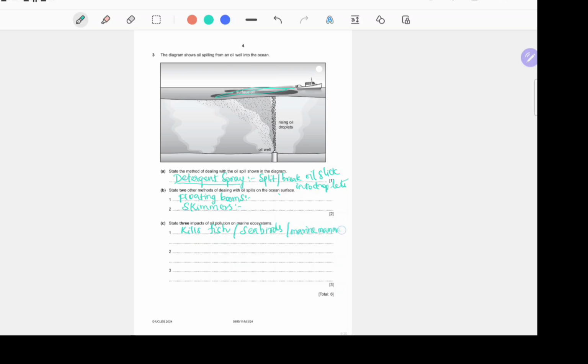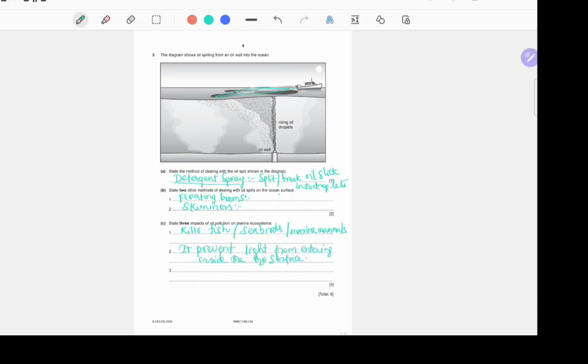This is one thing happening. Second, the oil surface prevents the light from entering inside the water.